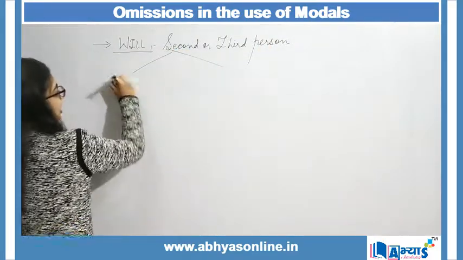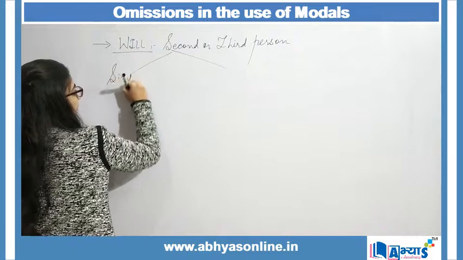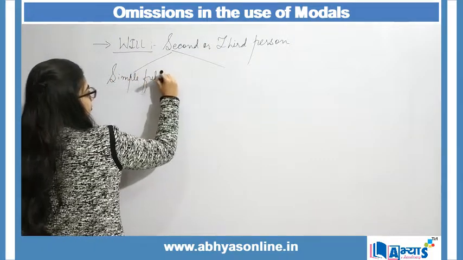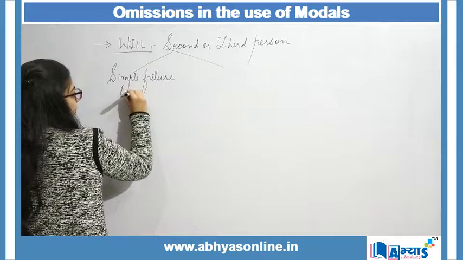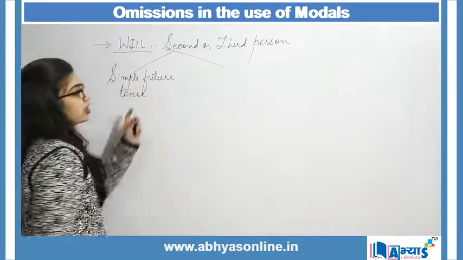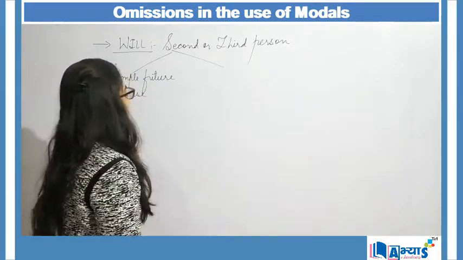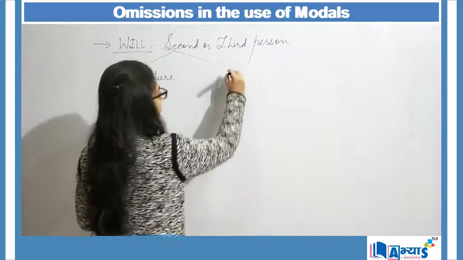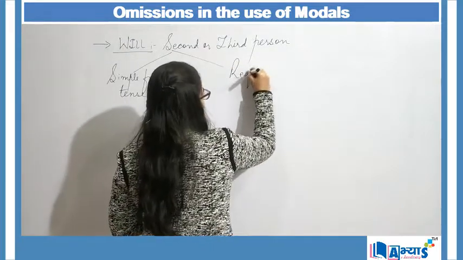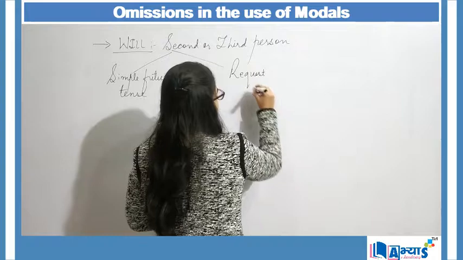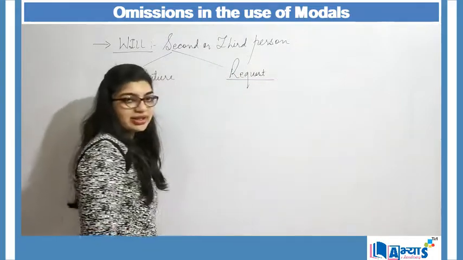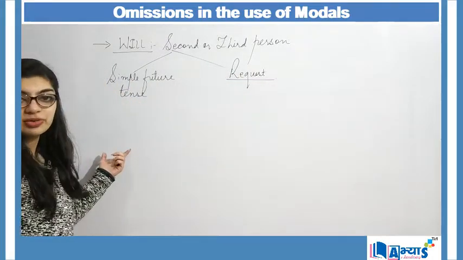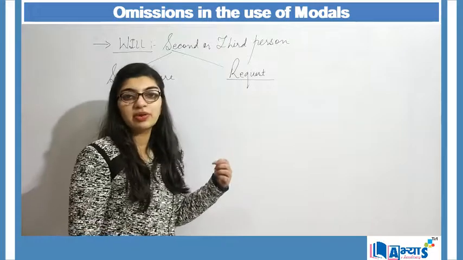Either it represents a simple future tense, or will is used to represent that a person is making some kind of request. Either it is used for a simple future tense or it is used for making a request.